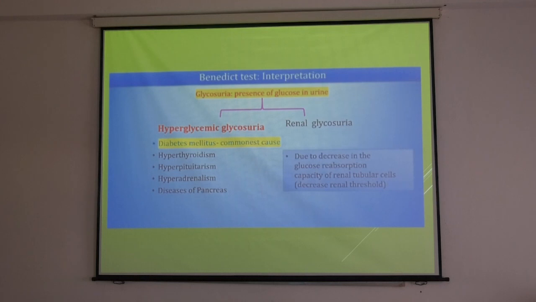So if there is any defect in this reabsorption in the proximal convoluted tubule, the sugar will not get absorbed back. The sugar will pass on with the formation of urine and will be given out in the urine. So this is due to renal glycosuria, or a defect in glucose reabsorption.